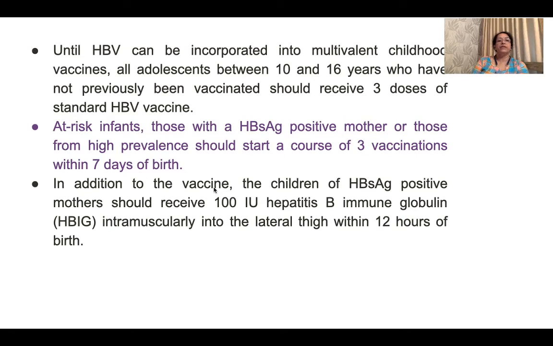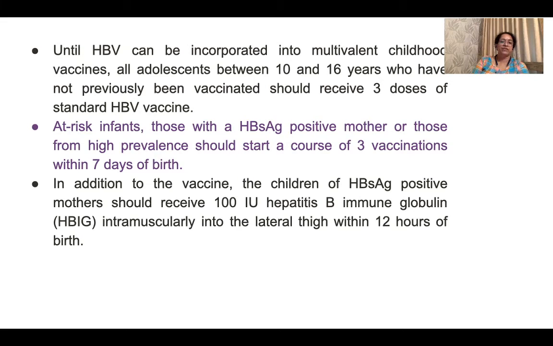Until hepatitis B virus can be incorporated into a multivalent childhood vaccine, all adolescents between 10 and 16 years who have not previously been vaccinated should receive 3 doses of standard HBV vaccine. At-risk infants, those with an HBs antigen positive mother, or those from high prevalence areas, should start a course of 3 vaccinations within 7 days of birth.